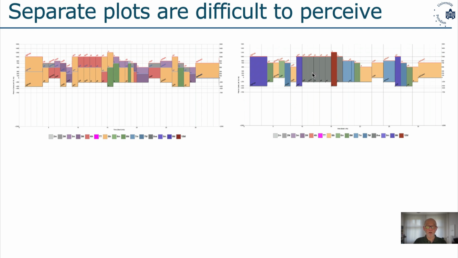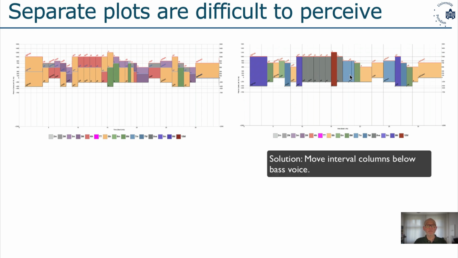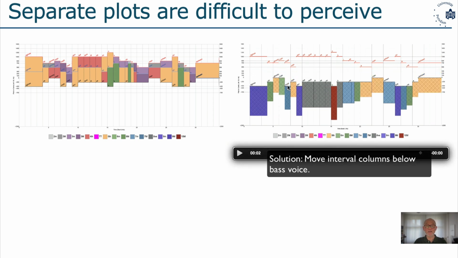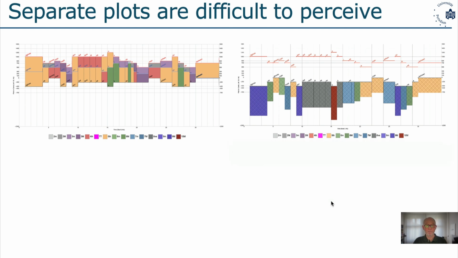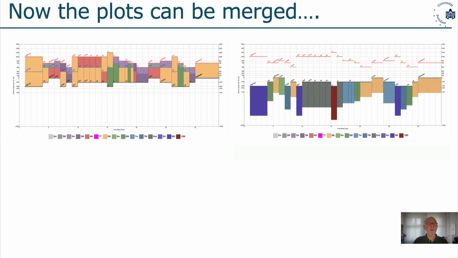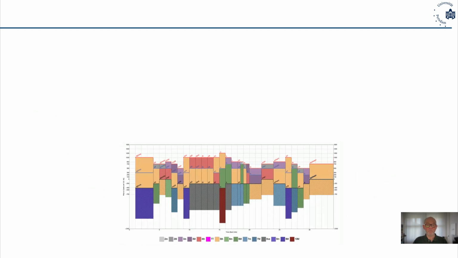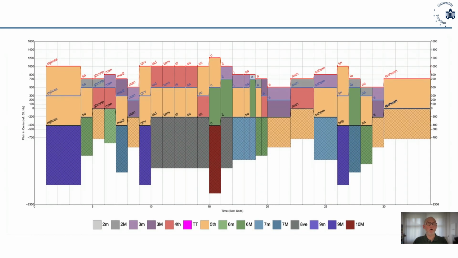This, however, can be solved by shifting the interval columns in the right plot, the intervals between the lowest and the highest voice, to below the bass voice melody, so that they are still tied to the bass voice, but hanging below instead of standing above. Now we can merge the two plots into one, and we get a single plot, the harmonygram. Now all melodies and all harmonies are displayed in a single graph.